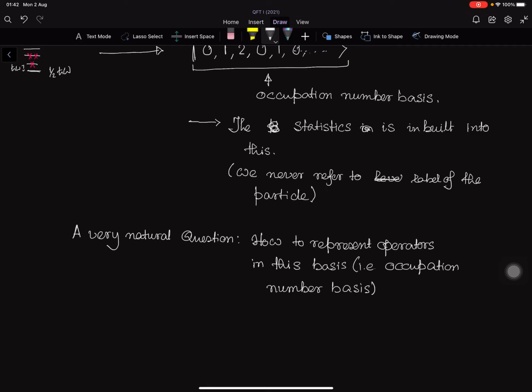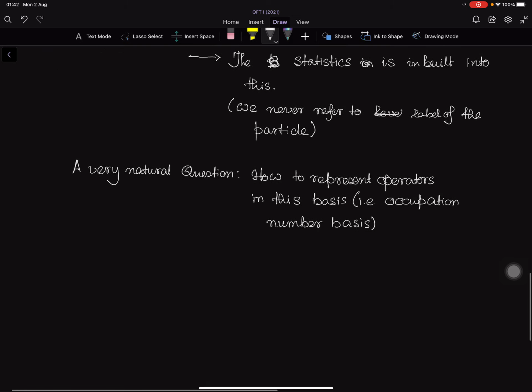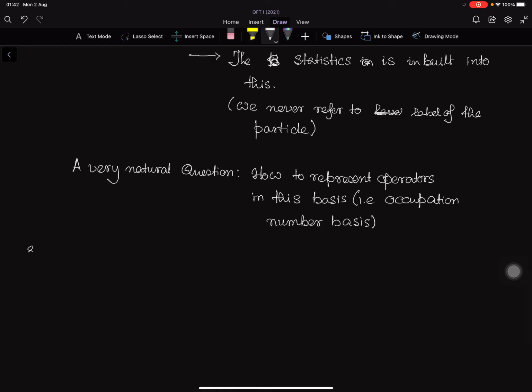let's rather than going into the most general discussion, let's just discuss two cases of another simple example of two identical particles.